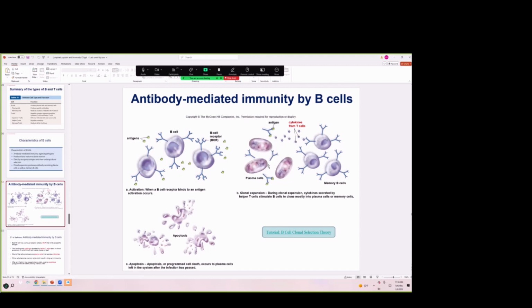When they bind it up like this, the cytotoxic T cells would recognize this complex of antigen plus antibody, and then they'll come and destroy it. So basically, they will mop out all of these green antigens from the infection.